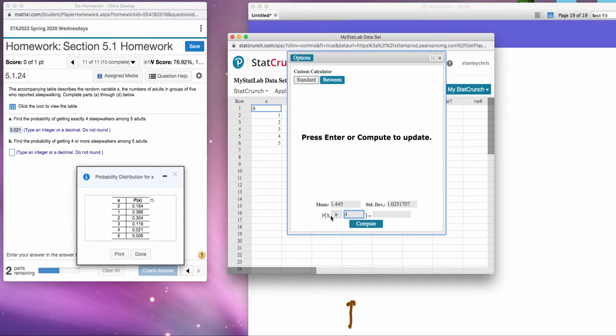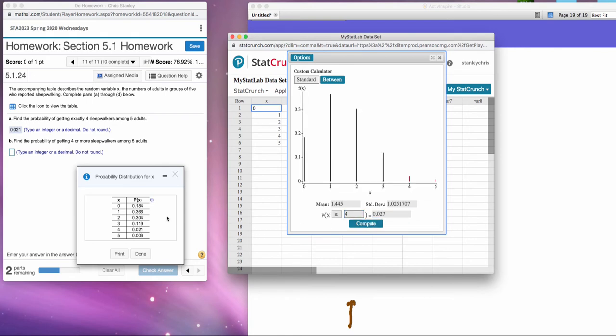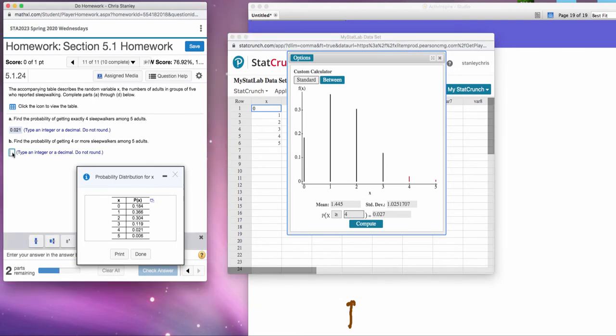That means this x is allowed to be 4 or more. That's why the thing's opening to the left. It wants to eat the x because it could be 4 or more. So 0.027. So they just added these two. That's it. So two ways. You could add the 4 probability and the 5 probability, or you could do it this way that I just did with StatCrunch.